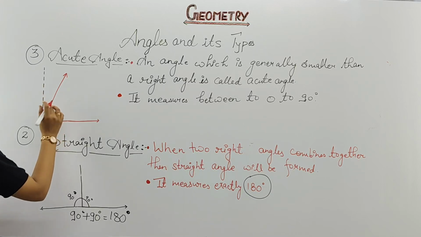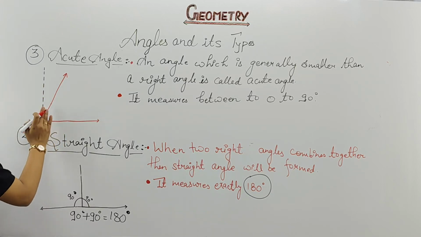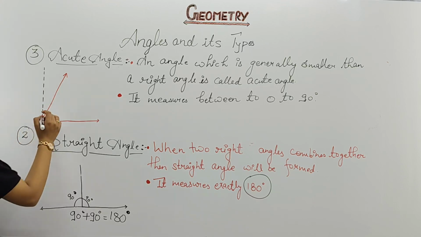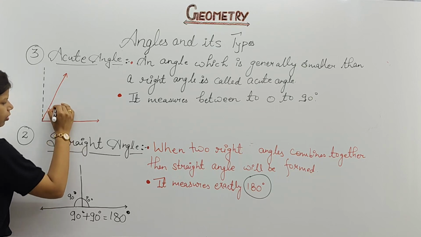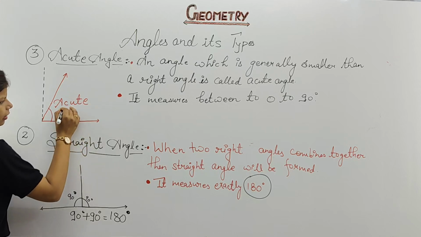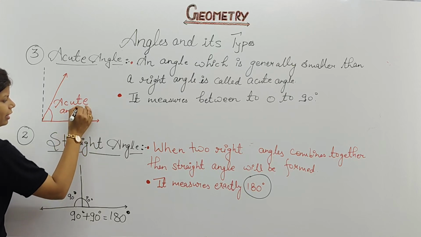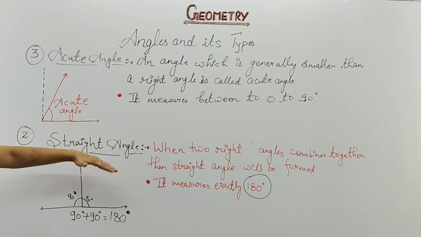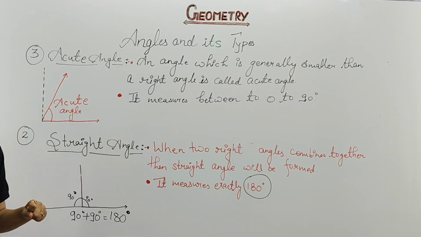That means this black is your 90 degree and which is less than this one is your acute angle. Clear? So this is an example of acute angle. We have not measured what exactly its degree is. Basically you have to identify this is your 90 degree and when it is slightly less than this one, this all comes under your acute angle.